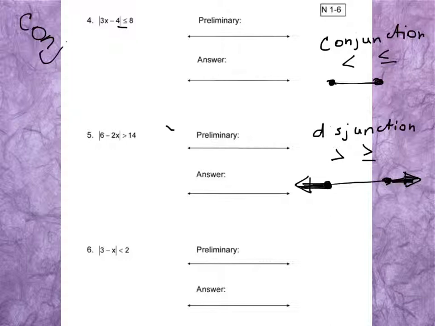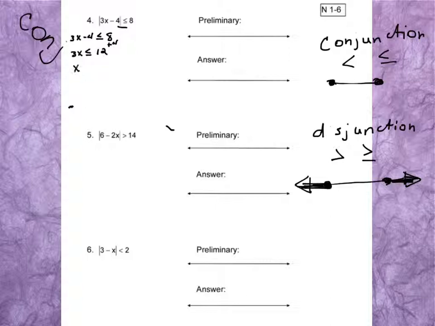So we write our 2 equations. 3x minus 4 is less than or equal to 8. And we can solve that. Add 4 across. 3x is less than or equal to 12.